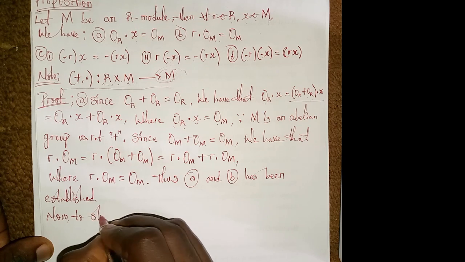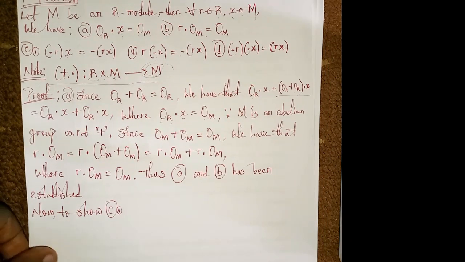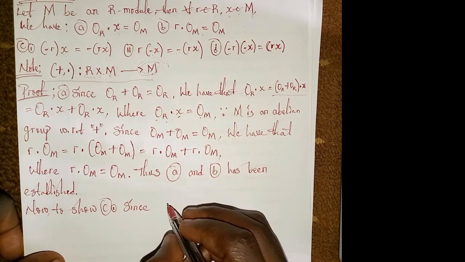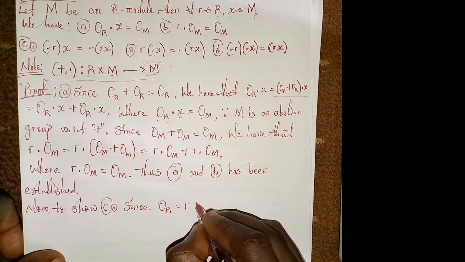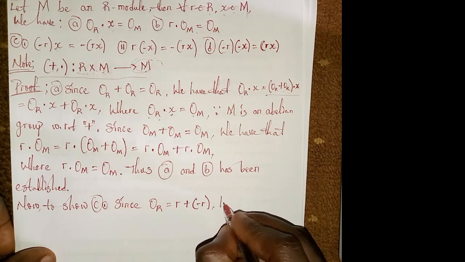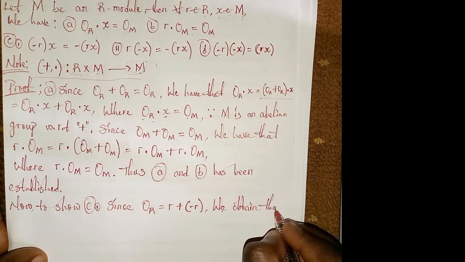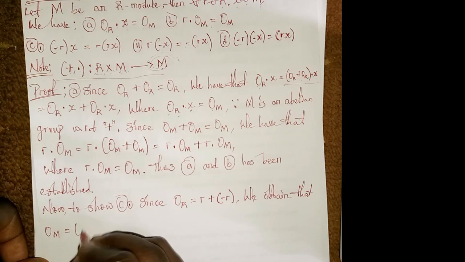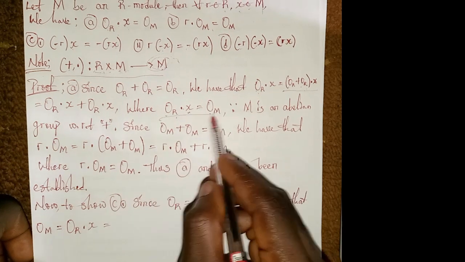Now to show C1, since from our previous statements and conditions, we know that the zero module of R is equal to R plus negative R, now we obtain that the zero module of M is equal to the zero module of R dot X from our previous statement here.